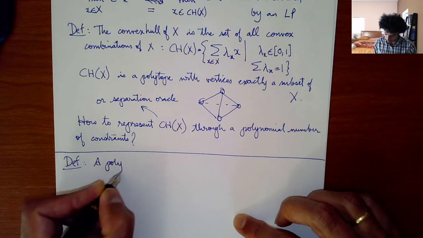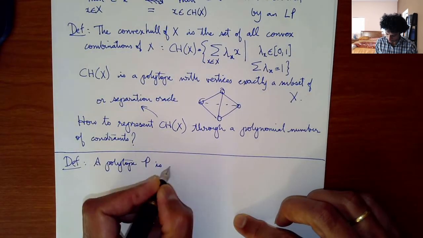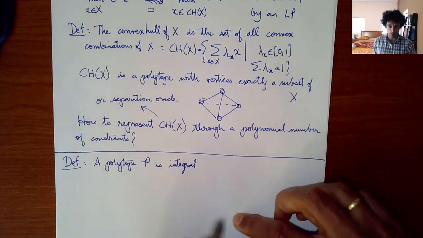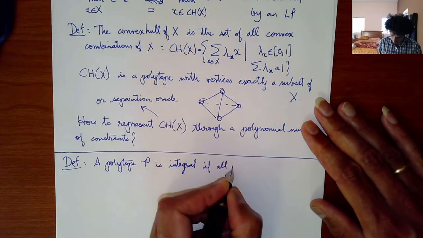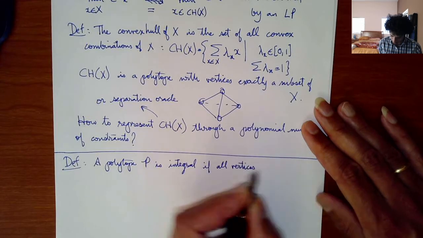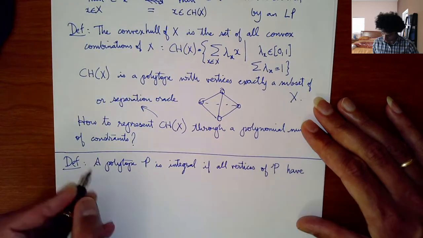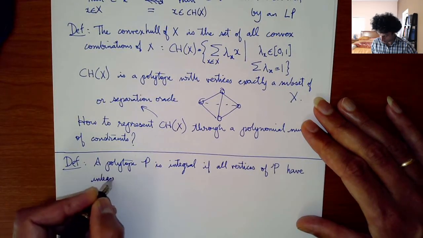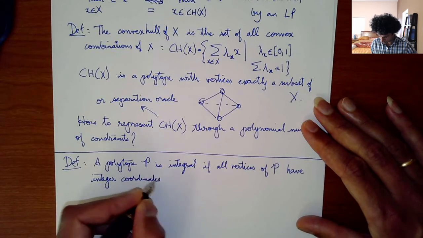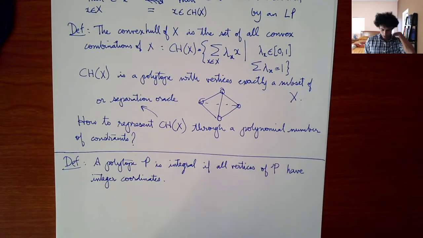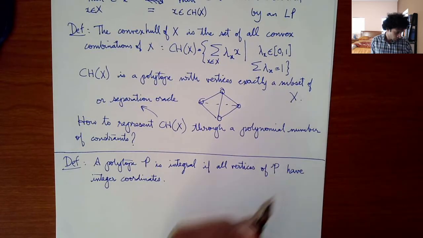A polytope P is integral, the obvious definition, if all vertices of P have integer coordinates.